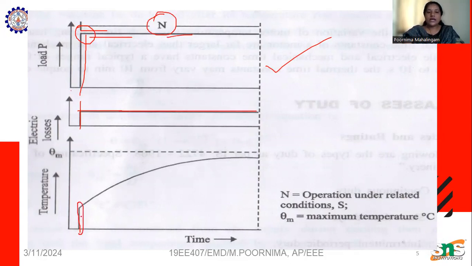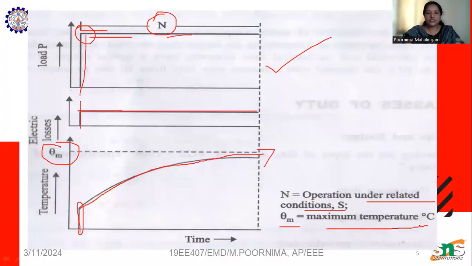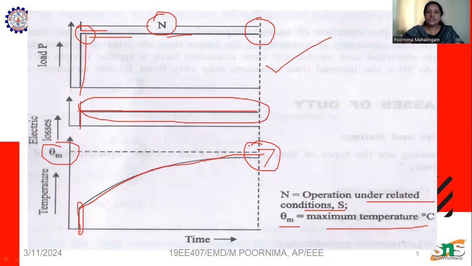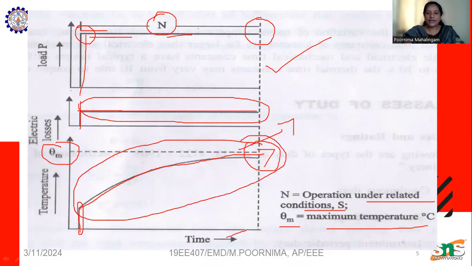The temperature rises, and when heating continues it reaches a maximum temperature, theta max. The motor is operating under rated conditions. Here are the temperature heating curves with respect to time. This is the first duty.